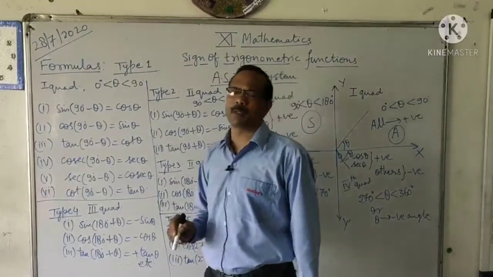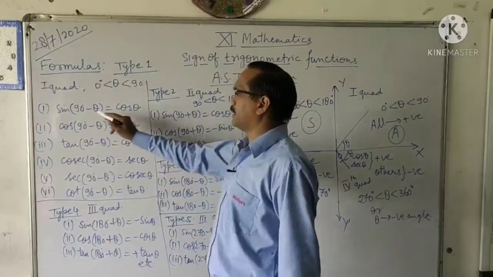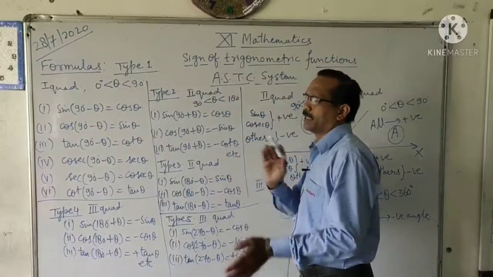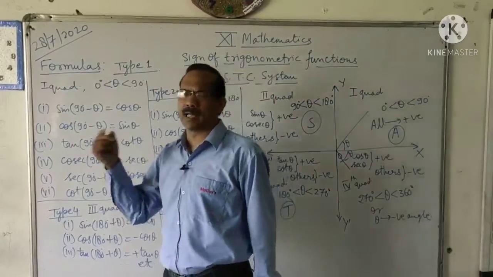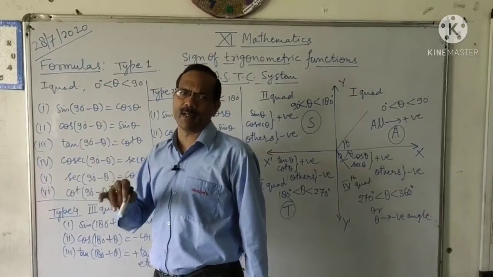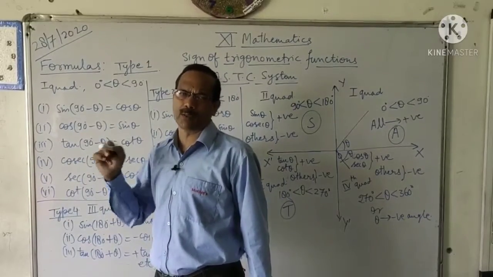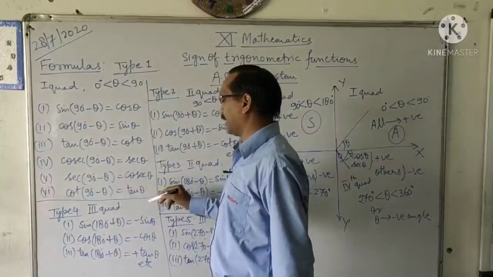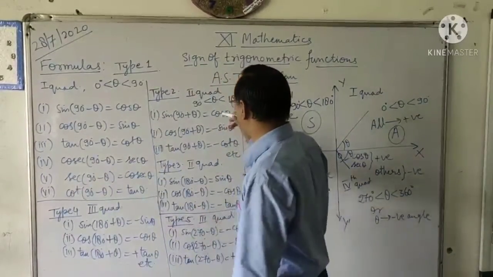Students, one important thing is this: whenever there is 90 degrees or 270 degrees, there is a complementary change. Sin converts into cos, cos into sin, tan into cot, cosec into sec, sec into cosec, and cot into tan. So these are the changes you will see here.